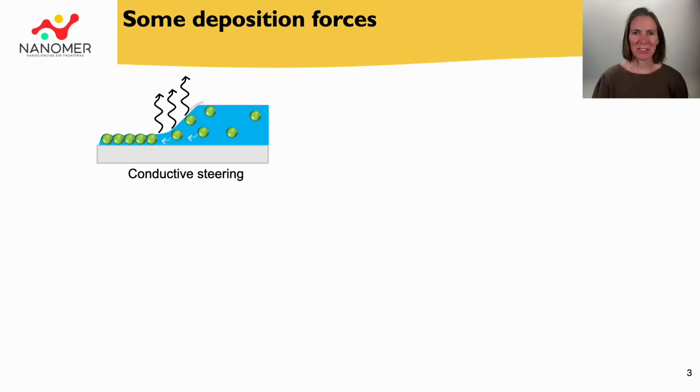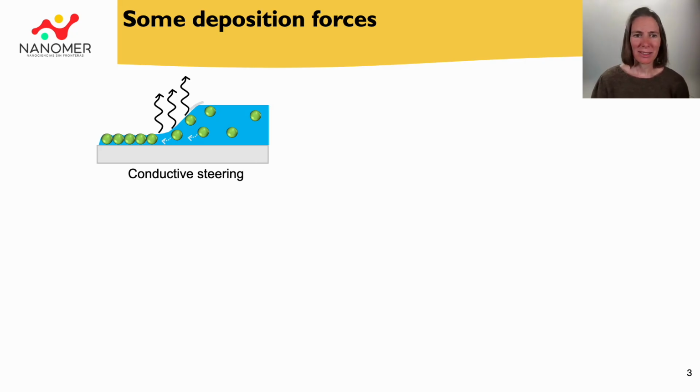Let me introduce some of the deposition forces that are going to act upon the particles to impact the quality of the organization we have on our 2D substrate. In this first example, we see convective steering, which we'll talk about in detail on the next slide. We have particles that have been deposited already.